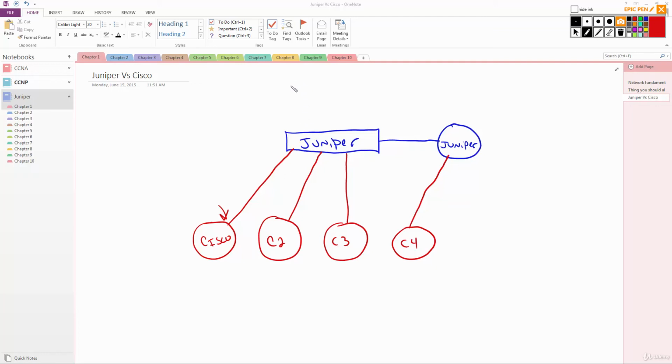So maybe if I wanted to teach you port channels, I might have a Cisco switch up here. And I will configure the port channel up here on the Cisco, but I'm not going to really teach you that aspect. I'm just going to configure it real quick, be done with it.